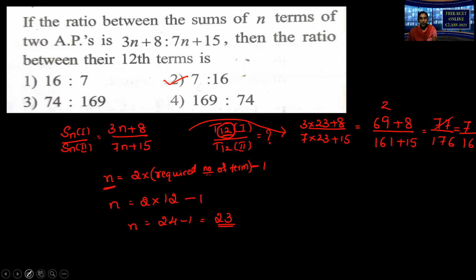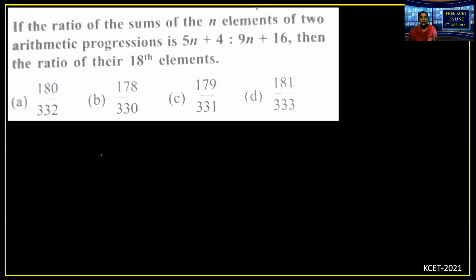So next question. The ratio of the sum of n elements of two arithmetic progressions is given by 5n plus 4 is to 9n plus 16, then the ratio of their 18th elements is? So Sn of first sequence divided by Sn of second sequence is given by 5n plus 4 divided by 9n plus 16.